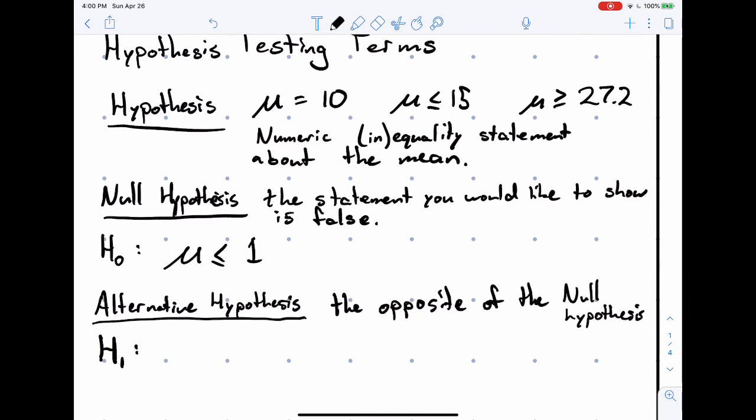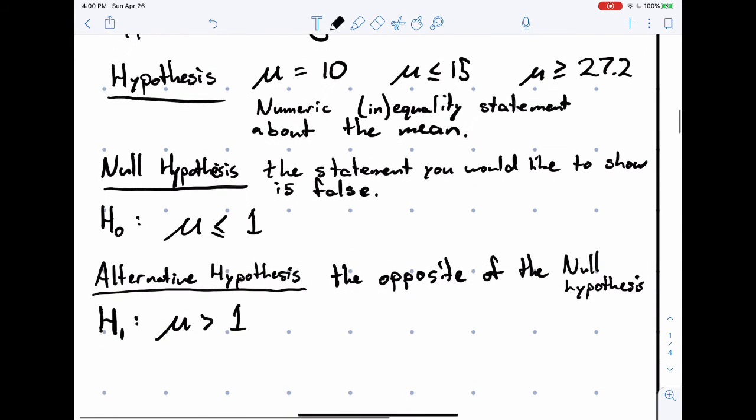So if we take the opposite of mu is less than or equal to 1, it must be mu is strictly greater than 1. So this is the alternative hypothesis. You just negate it. So you show that the null is highly improbable and therefore unlikely, and that forces you to reject the null hypothesis.